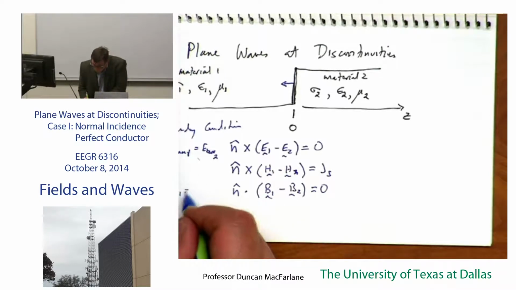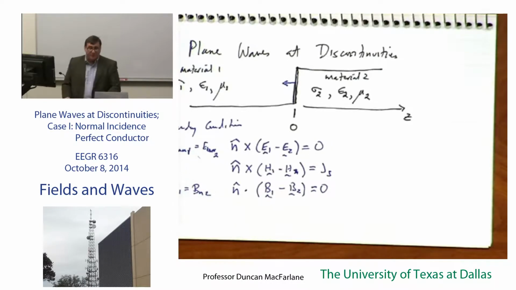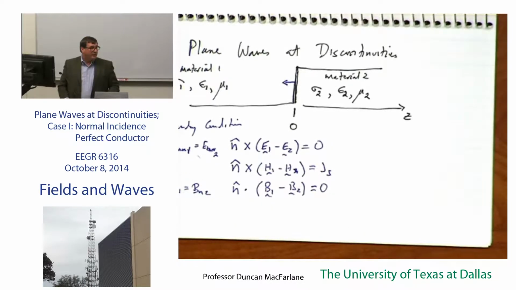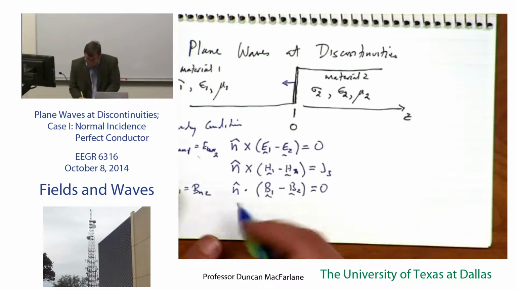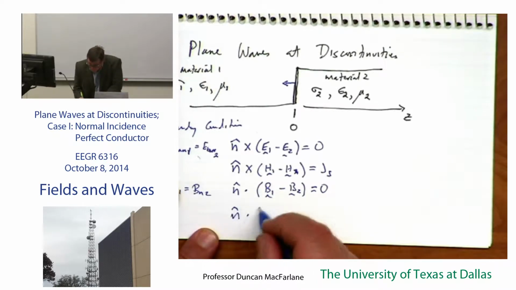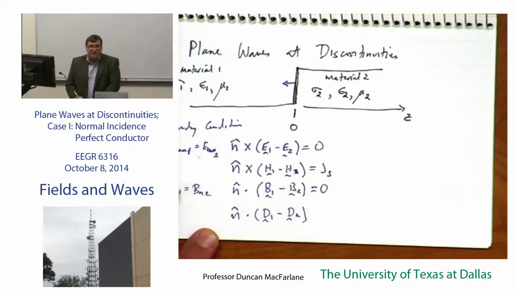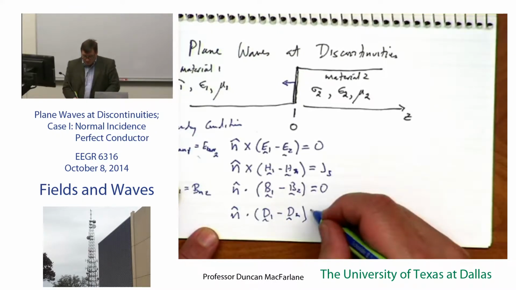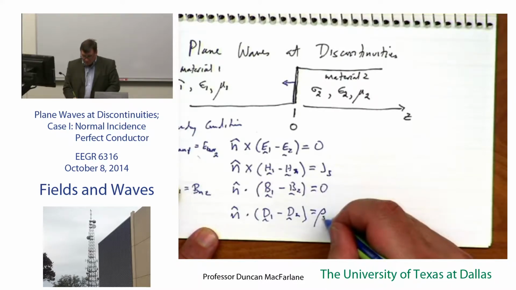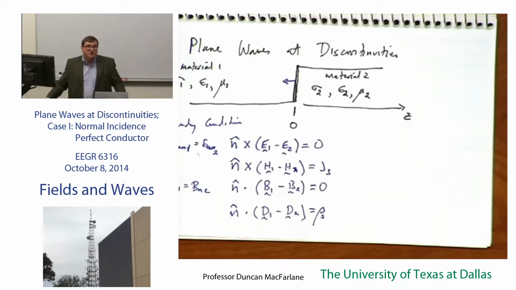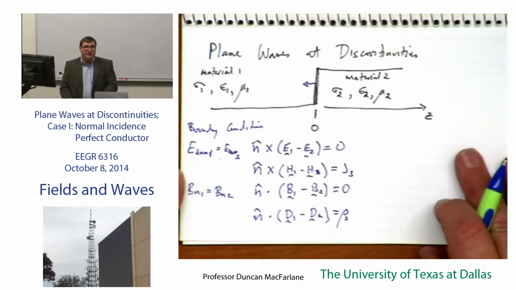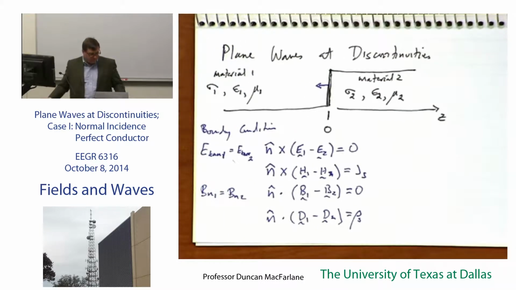So B normal 1 is equal to B normal 2. The rho in div D equals rho term changes that slightly. So the right-hand side of this is going to be the source term from the charge that's sitting on the surface.